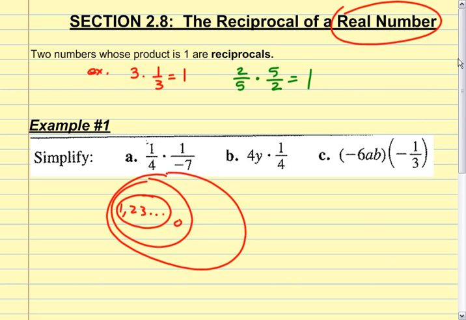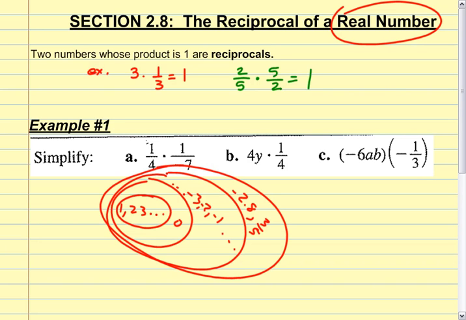Those are called integers, so negative 3, negative 2, negative 1, in both directions. Then we're going to add in all the little bits between there, the rational numbers. That means 3/5, 0.7, negative 2.8. Those are the rational numbers.